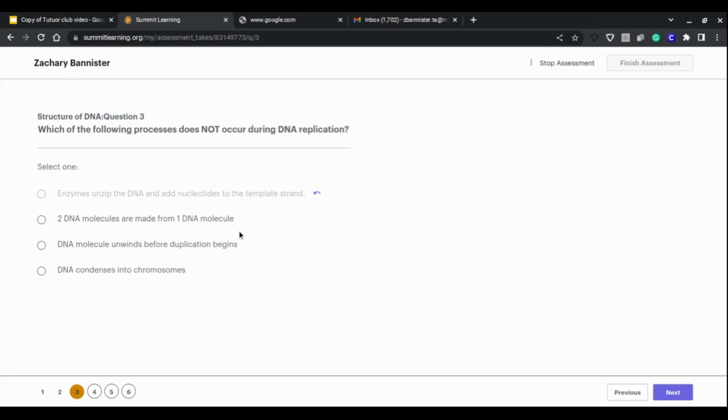You make two from one. DNA molecule unwinds before the duplication begins. Goes back to the first step. It unwinds at first. We kind of already did that right over here. So, not that one. So DNA condenses into chromosomes. It's this one. DNA does not condense into chromosomes.